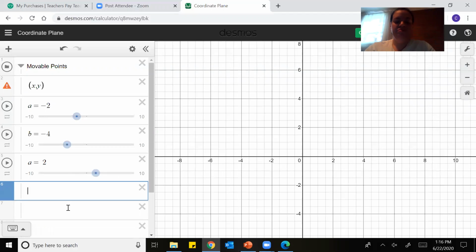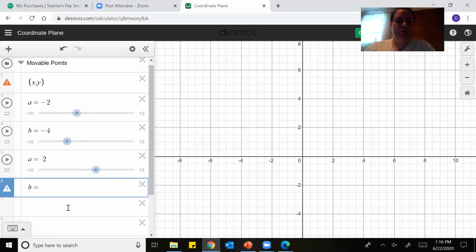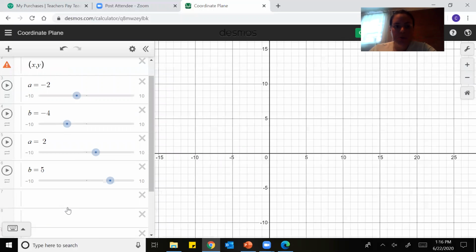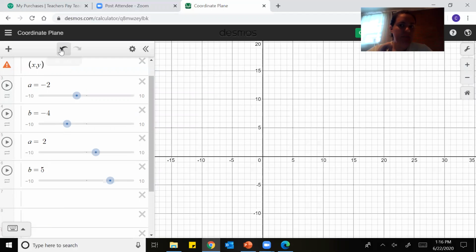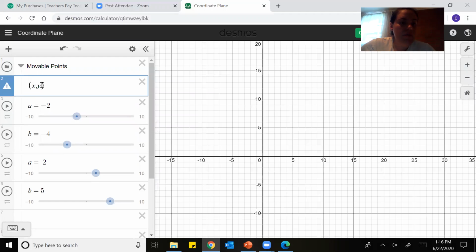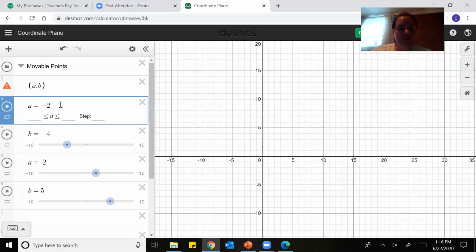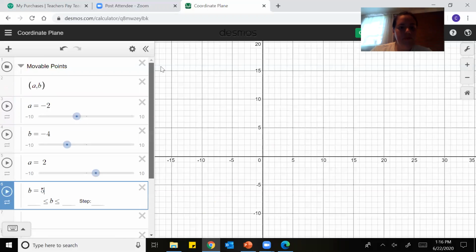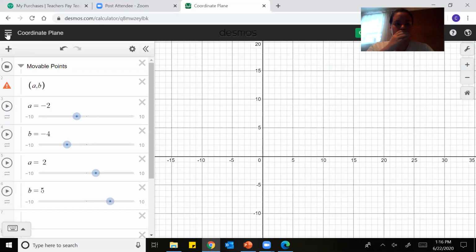Cool. I don't know how to use this. Told you it's not very user-friendly. All right. Movable points. What are you mad about? Give me 1 second, guys.